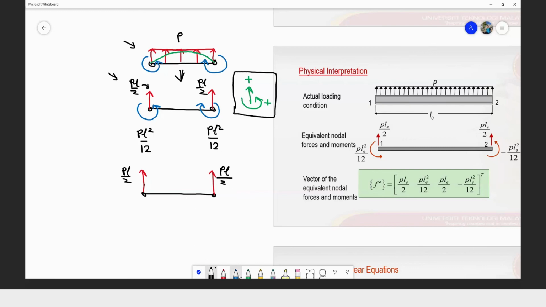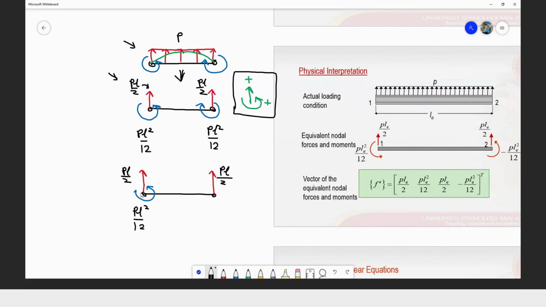Okay, for the moment, the moments from the physical we transfer to the equivalent. Then we find that on this point, the moment is given by PL square over 12.